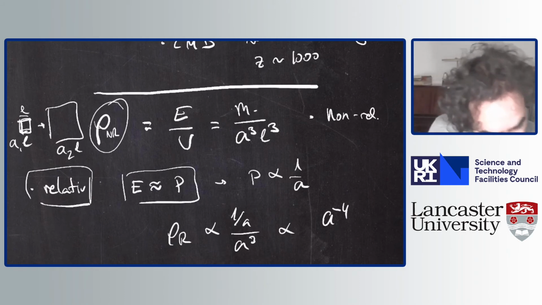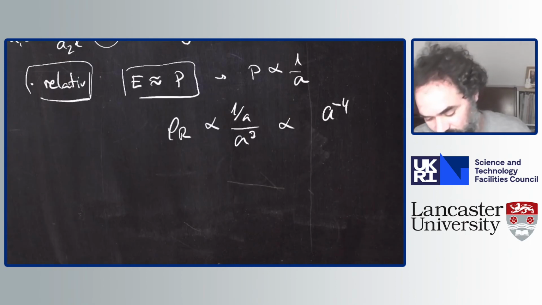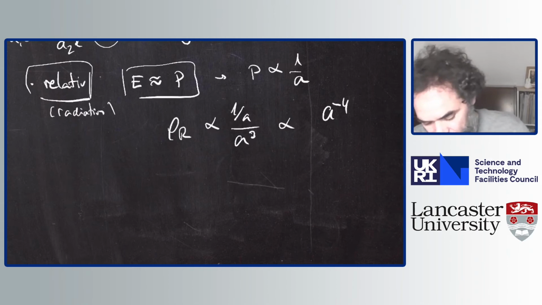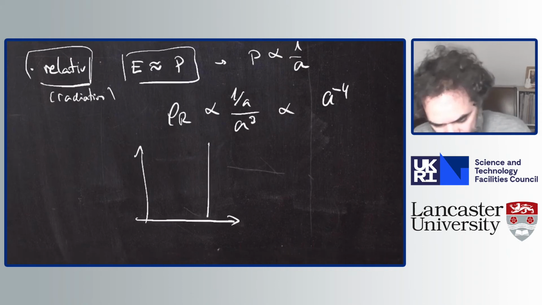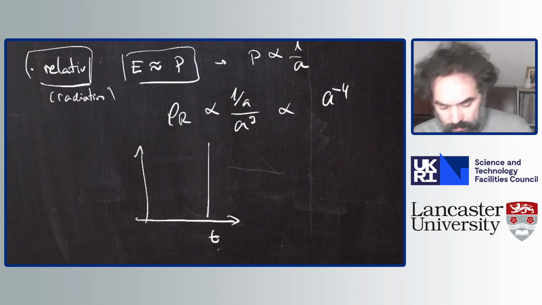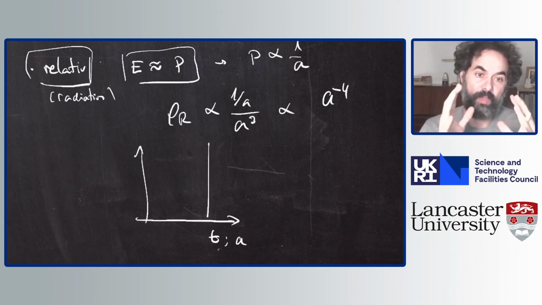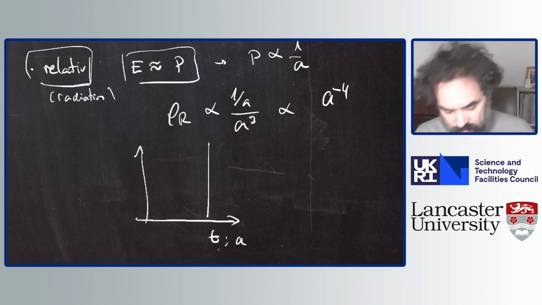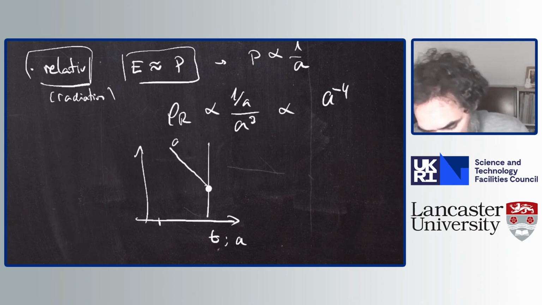So this means that if there is some radiation in the universe, some relativistic species, at a certain time when the universe has some size, as we go back in time the universe was smaller, since the universe is currently expanding. So here the universe was smaller, and you have some radiation. The way it evolved is with A to the minus 4.